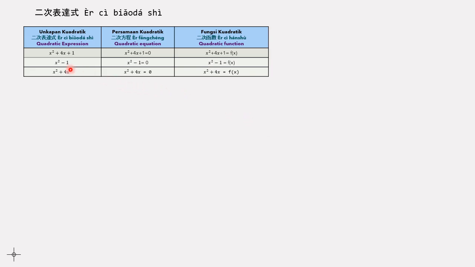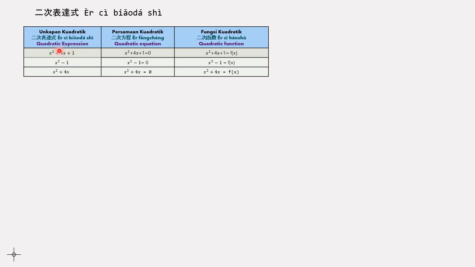So for this, what I have tabulated here, okay, you have the difference between ungkapan kuadratik, persamaan kuadratik, and fungsi kuadratik. In English, you have quadratic expression, quadratic equation, and quadratic function. The difference between the three is when you look at ungkapan quadratic or quadratic expression, you don't have an equal sign that appears, okay, in the expression.